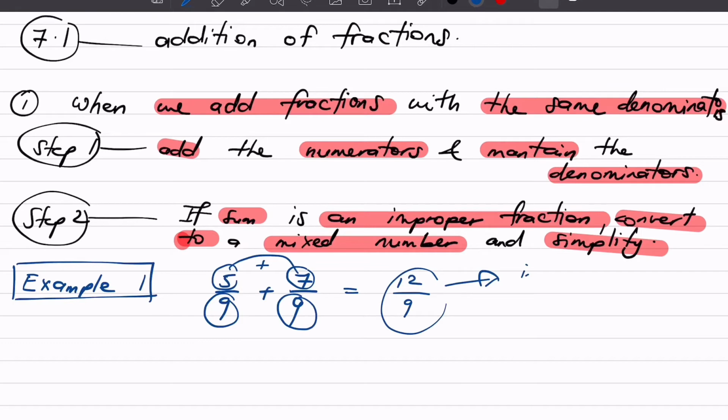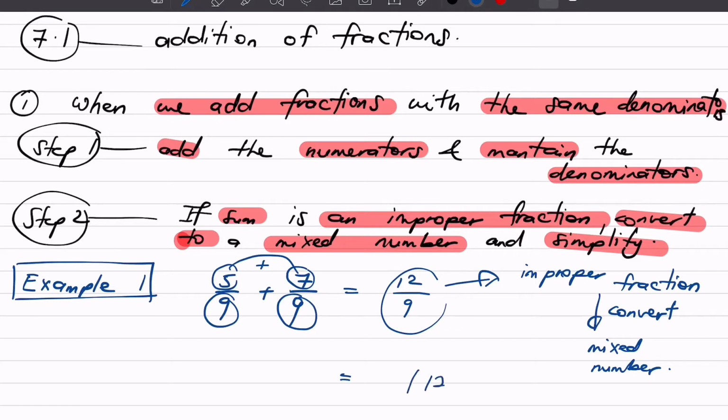So when it is an improper fraction, you have to convert to a mixed number. How? Simple. You take 12 divided by 9. 9 times 1 gives 9.